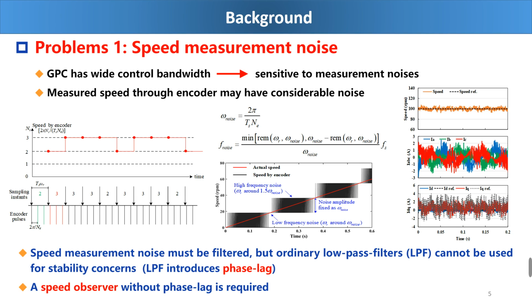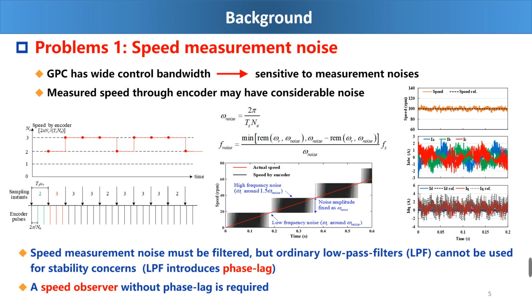So usually we use the M method in a relatively lower speed range. With the M method, we are just calculating the speed by counting the pulses that can be counted in each sampling period of our controller.